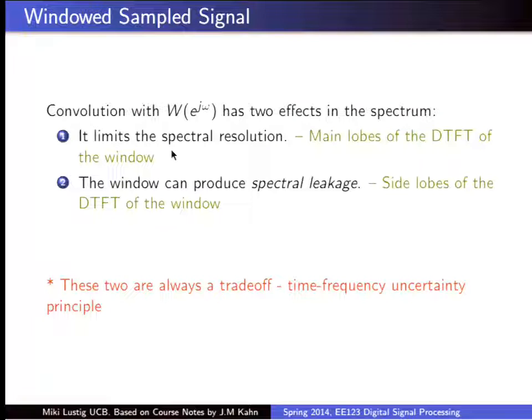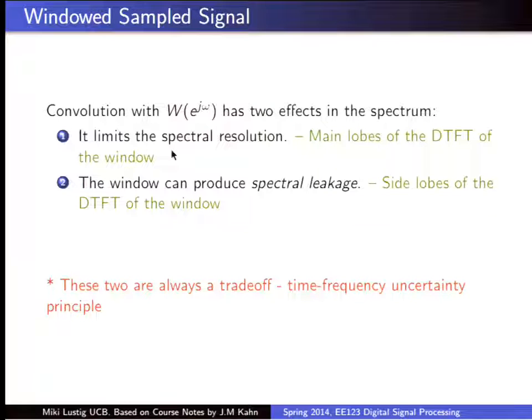The main effect of the main lobe is that if I convolve something with something wide, it's going to give me something blurred. That's the resolution. Okay? That's why when I pick a smaller window, the main lobe is going to be wider, and I'm going to get more blur.